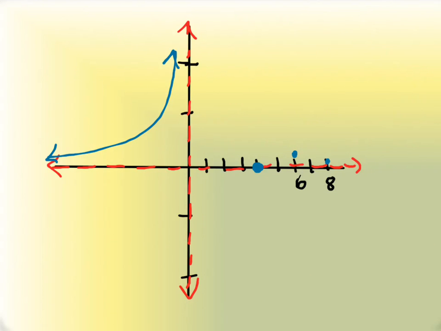Well, the graph needs to be increasing and approaching this particular point, and then continuing on to this particular point and concave down. So do you have a sketch in mind of what that looks like? It should kind of look like half of a downward parabola, right? So it looks something like this. Increasing, concave down.